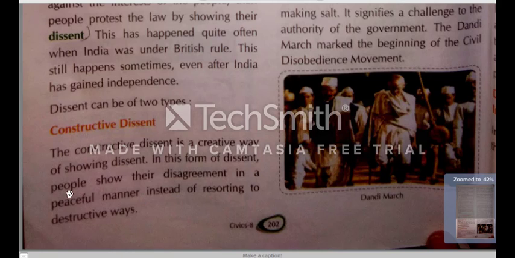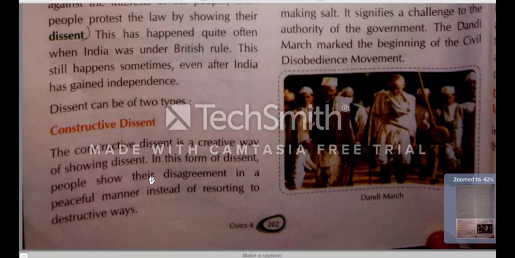Constructive and destructive. Destructive is the opposite word of constructive. Got it? Constructive means निर्माण करना, बचाना, बनाना, and destructive means destroyer, खराब करना, harmful. In constructive dissent, people show their disagreement, that they are not satisfied with the rule, with the law. But how do they show their anger or their disagreement?